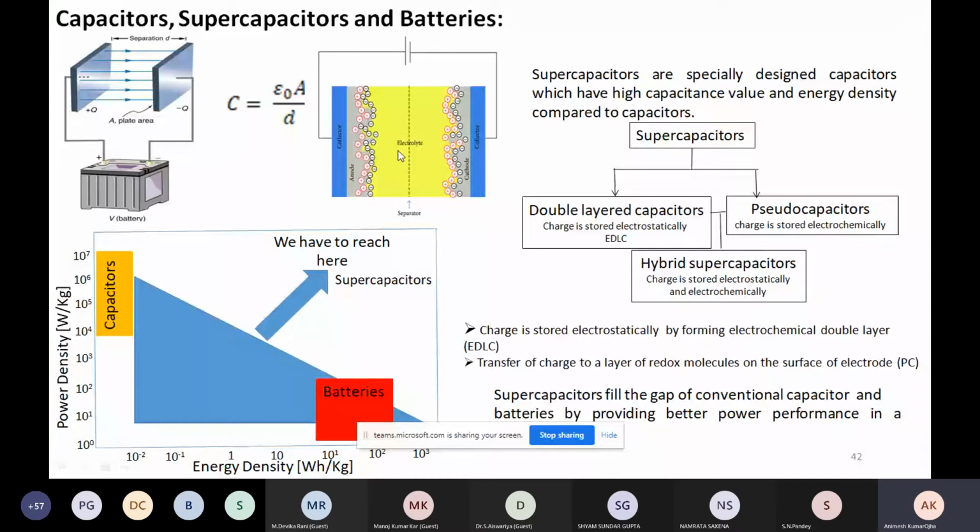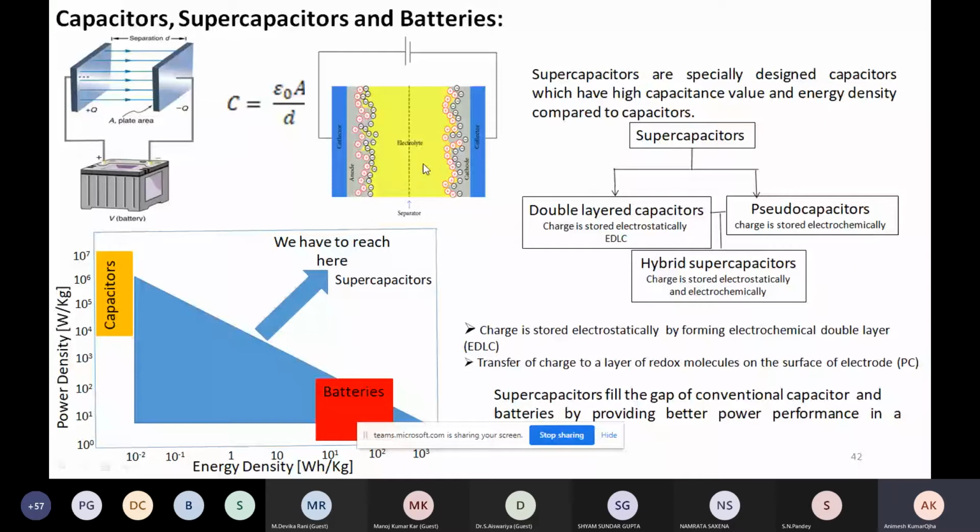The positive ions will be attracted towards the negative pole of the battery, and the negative ions towards the positive pole, forming a layer of ions close to both charge collectors. This way the distance between the two plates is reduced, and the surface area is more compared to the normal plate, and therefore the capacitance is enhanced. This is the mechanism of how the supercapacitor works.